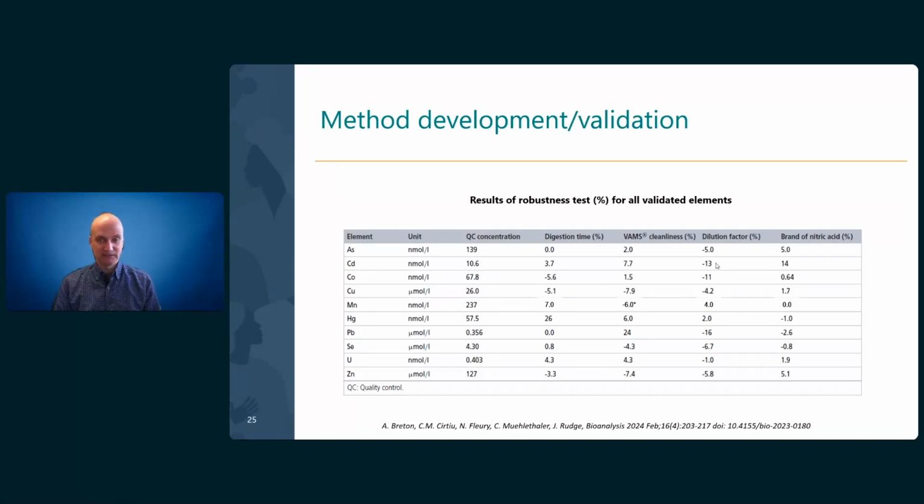But again, it's just a deviation from the normal standard protocol we might apply in the laboratory. For lead as well, as you can see, the cleanliness might impact the results, as well as the dilution factor. So once we develop and validate the method with these parameters, we should not deviate too much, because the results ultimately will be impacted.